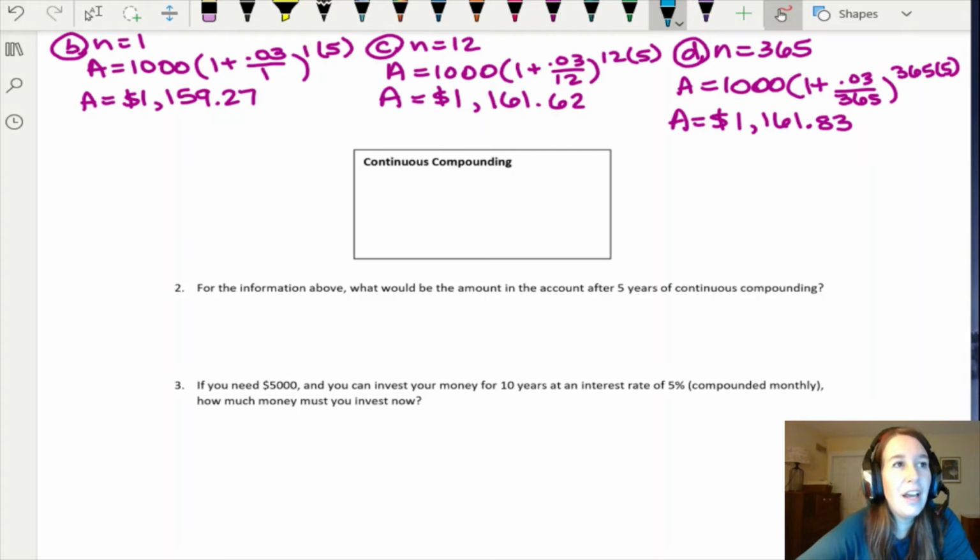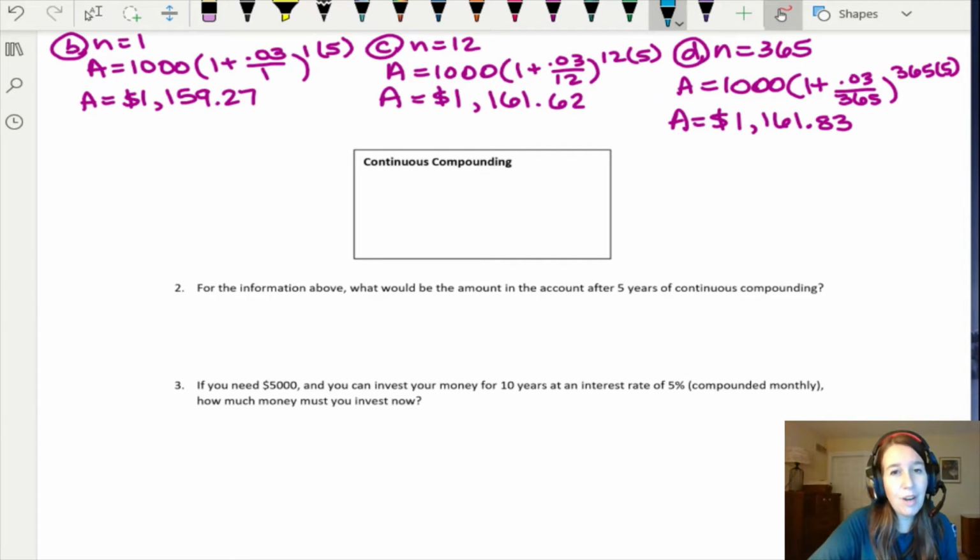And I think if you could imagine if we compounded 1,000 times a year, it would probably be a little bit more than $1,161.83, like a tiny bit, but not much. You're kind of coming up on a limit there of how much the number of compoundings matters to the problem.